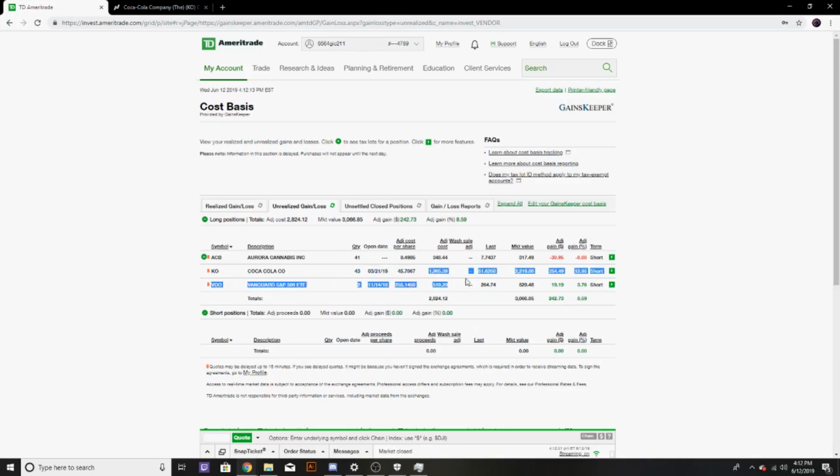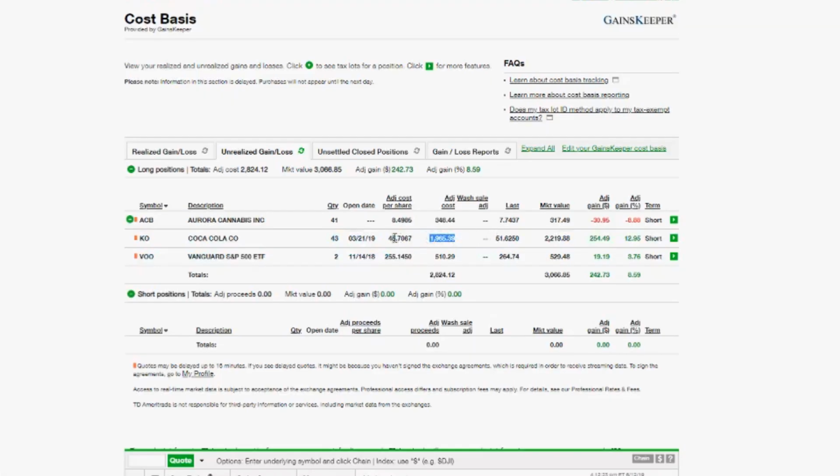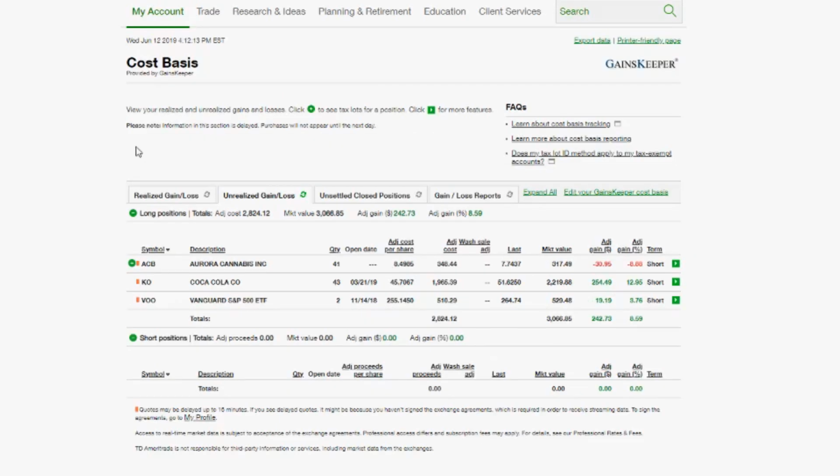So yeah, it was $19.65 was the cost. I bought it at $45.70 a share, and now it's at $51.62. So I've made $254 just from the actual value itself. This doesn't even include dividends, which I've also made, and I think it was $31 maybe left over in dividends.